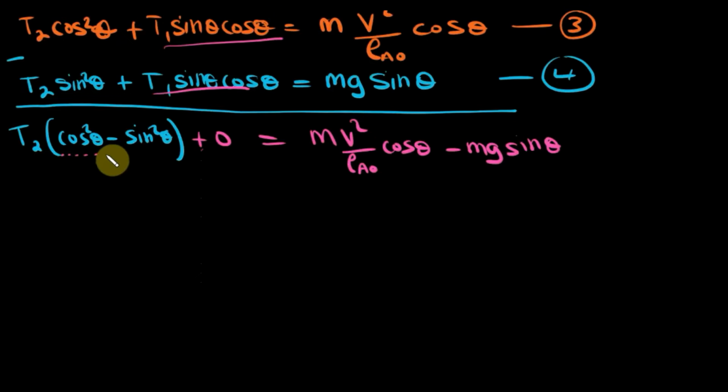We can use a double angle identity to solve this. So we can use math to help us solve that. There is an identity that states that cos squared theta minus sine squared theta is equivalent to cos 2 theta.